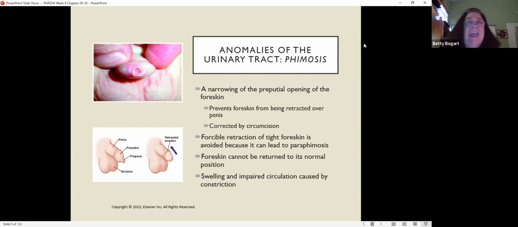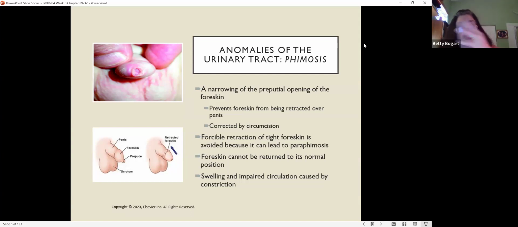It is like a petri dish. It wants to grow bacteria. And because it's holding in that skin up into the urethra, we're going to get some of that bacteria going into the urethra, into the bladder, and causing infection. So we want to make sure that we correct that if at all possible.